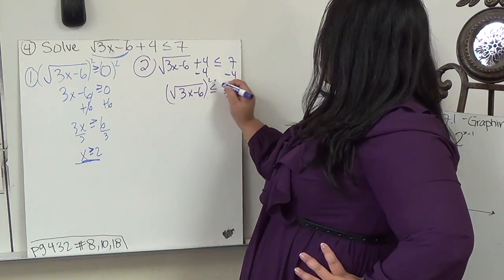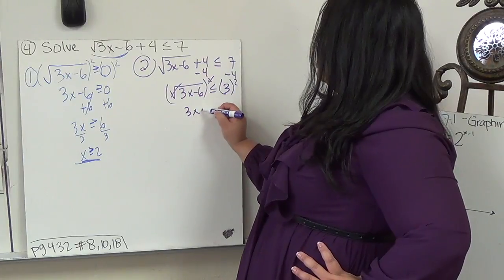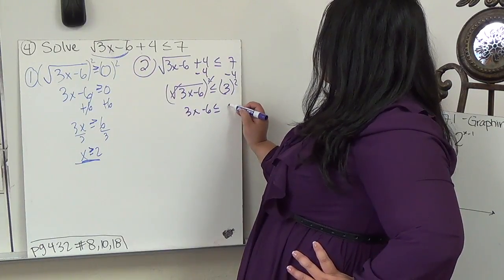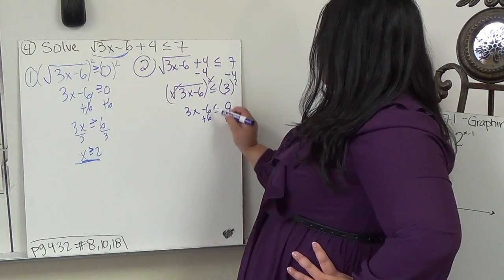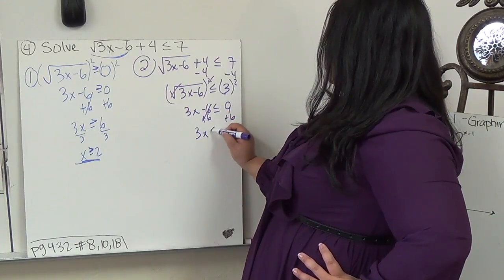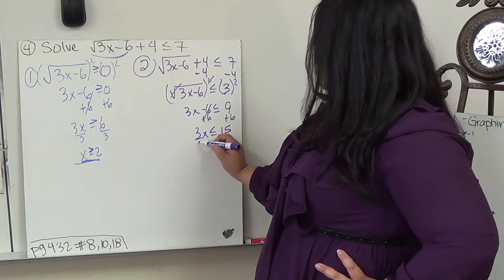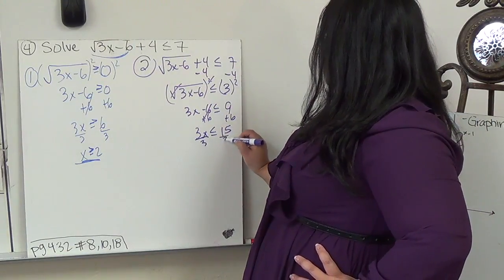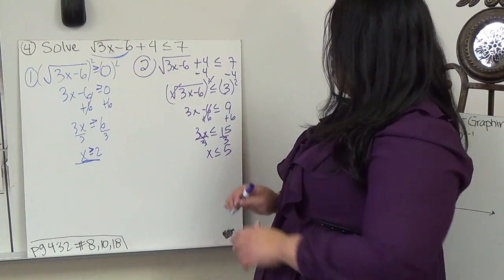Then I'm going to square both sides. This cancels out, giving me 3x minus 6 is less than or equal to 9. Add 6. I end up with 3x is less than or equal to 15. Then I divide by 3 on both sides. I end up with x is less than or equal to 5.